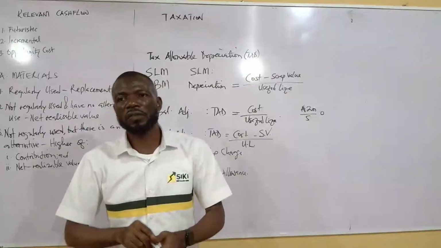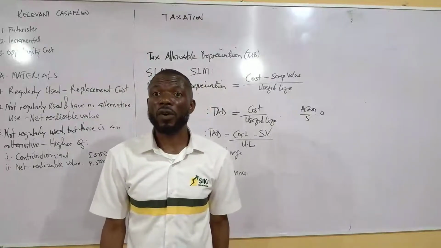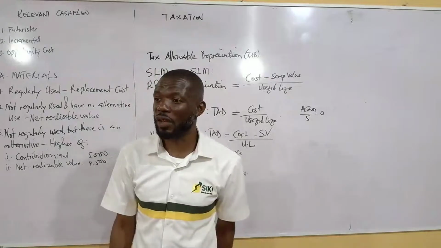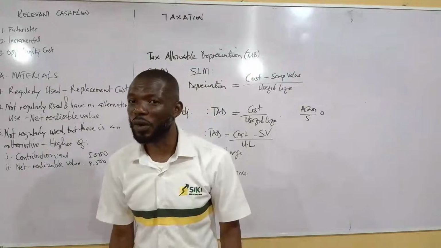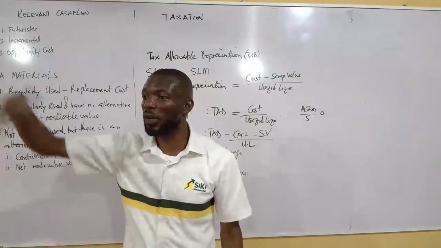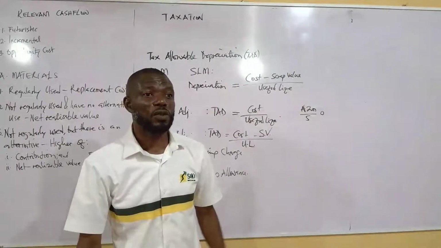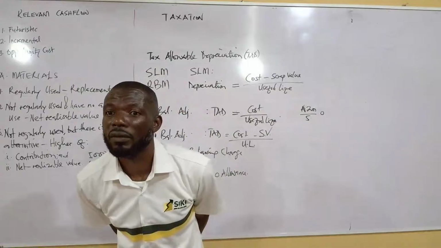But you bought a block molding machine, and after 4 years, you now want to sell it, when you have told government that the value will be 0. Because you said the value will be 0, they allowed you to take 400, 400, 400, 400. Now you have sold it for 500,000.